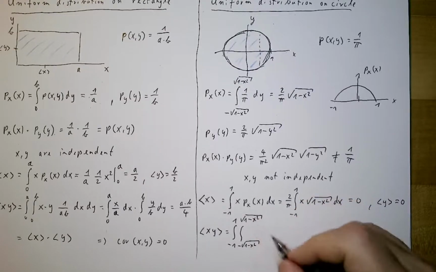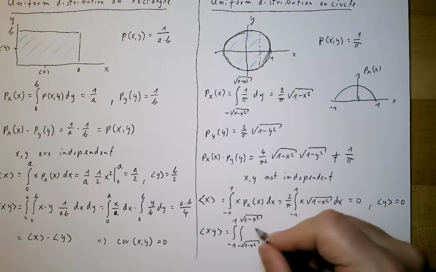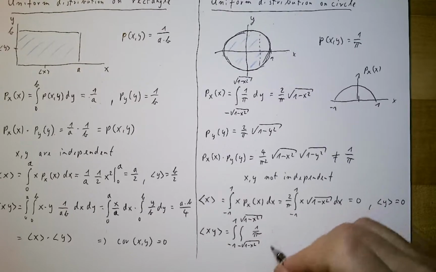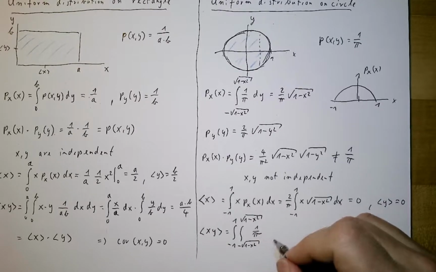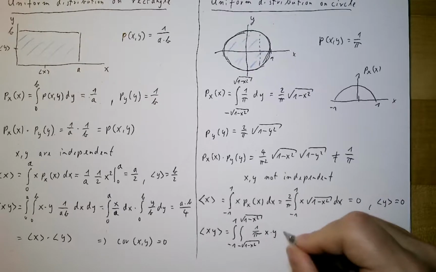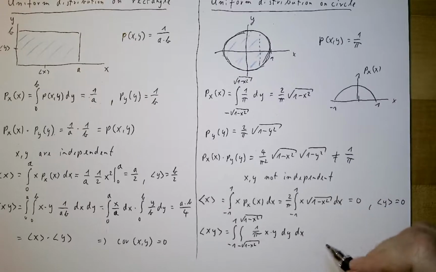So those are the ranges. Then we have the probability distribution 1 over pi, and we integrate x times y over dy and over dx.